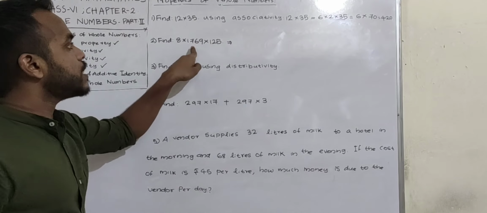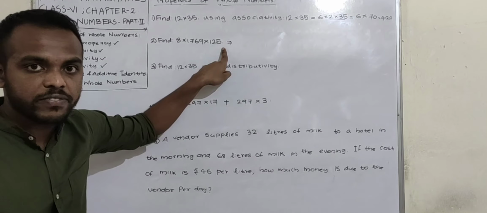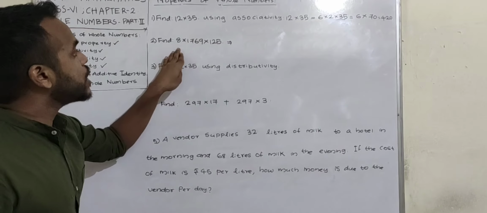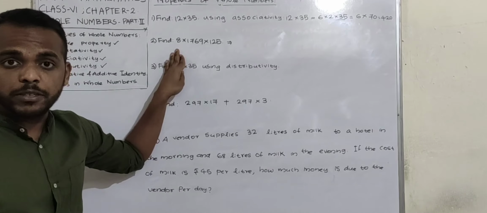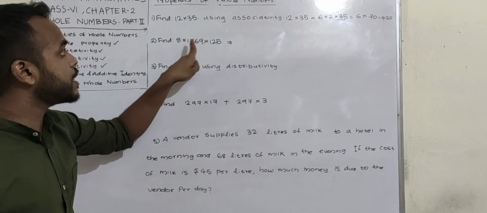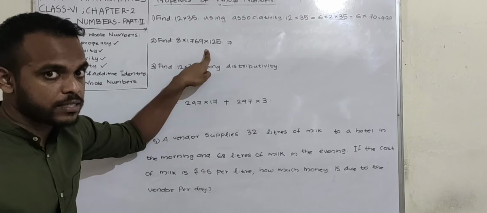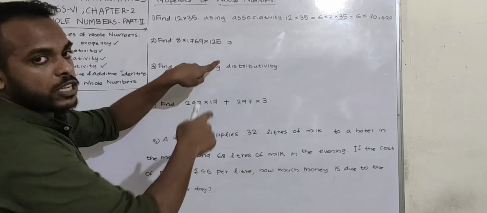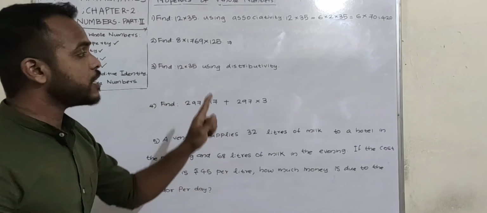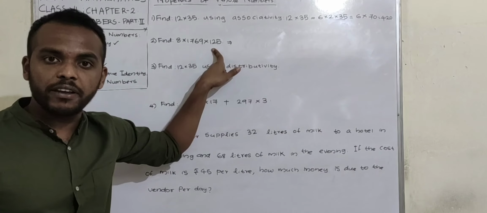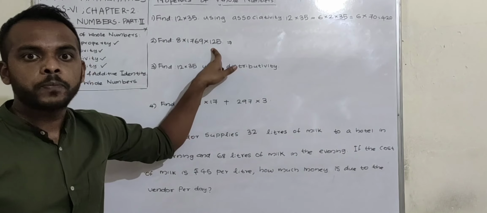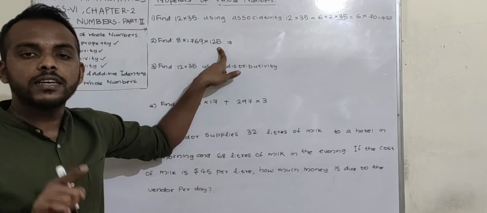8 times 1769 times 125. We can use the associativity property. What is associativity property? Since it is multiplication and all the numbers are whole numbers, we can interchange the position of the numbers. At the first place, we should know 8 times 125 is a special number. 8 times 125 is 1000.